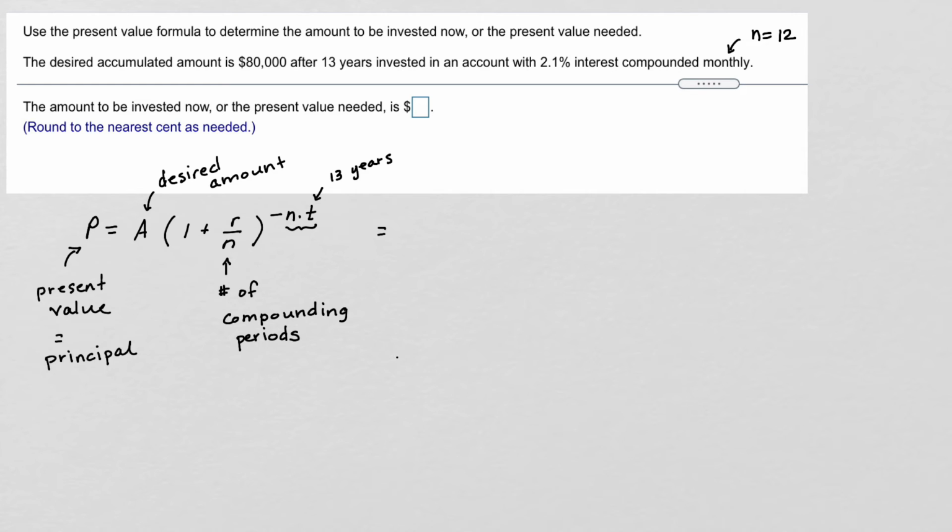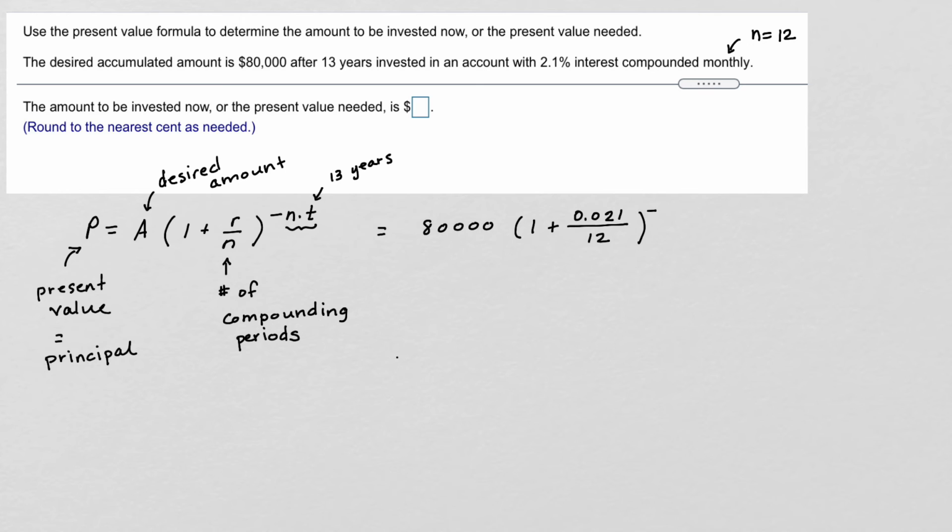So what do I know? I know that the amount that we want to accumulate is $80,000, and I'm going to multiply that by 1 plus. The rate is 2.1%, so I'm going to write that as 0.021, and that's over the number of compounding periods in 1 year, so that's 12.